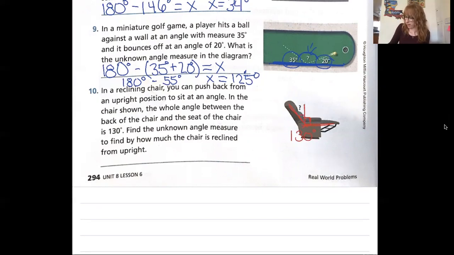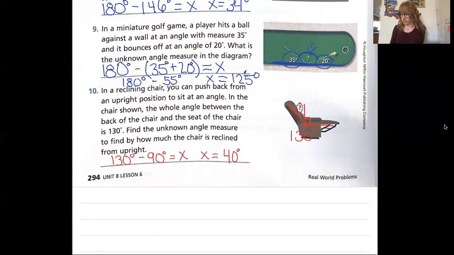We know that upright is 90 degrees, because they tell us. So we're going to take our total of 130 degrees and subtract 90 degrees from it, because that's upright. And if we do our subtraction correctly, we should get 40 degrees. So this smaller unknown angle is 40 degrees.